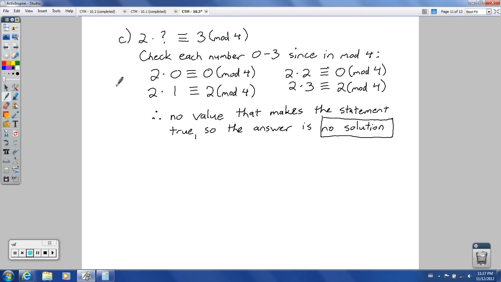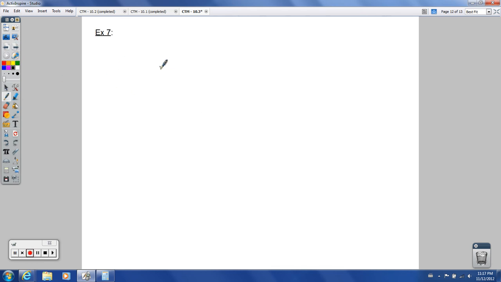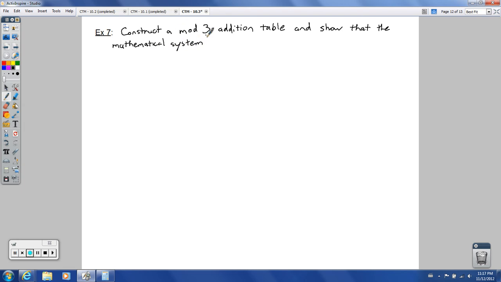Alright, so let's check out just a couple more examples. Almost there. So example 7, we're going to do the following. We're going to construct a mod 3 addition table and show that the mathematical system is a commutative group.